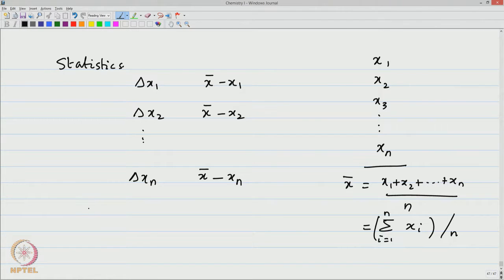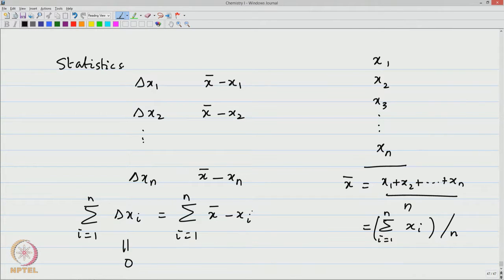Now, what is the sum of all of these errors, sum of delta xi? If you look at that, then the errors are not independent of each other, because the sum of all these errors, by the way, will become 0. Let us see that now.